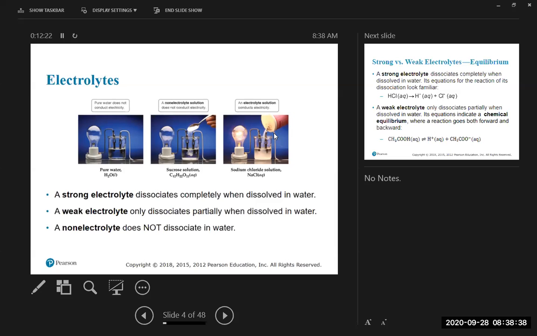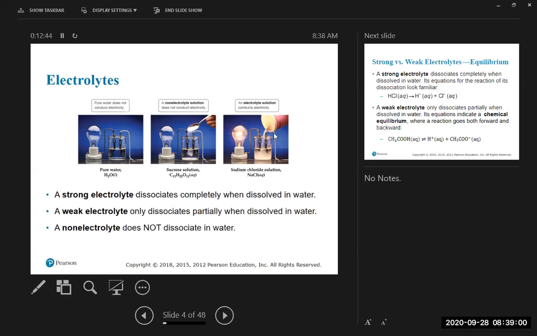And this is what they're talking about. A strong electrolyte is something that dissociates completely when dissolved in water. A weak electrolyte only dissociates a little bit, and we'll have some examples of that in a little while. And then a non-electrolyte does not dissociate at all.